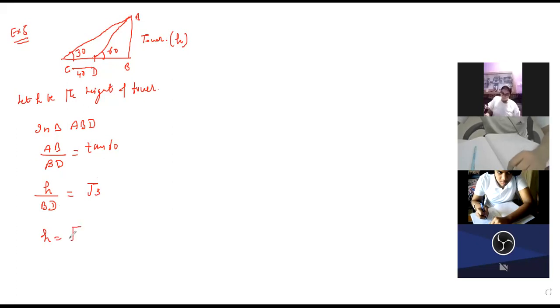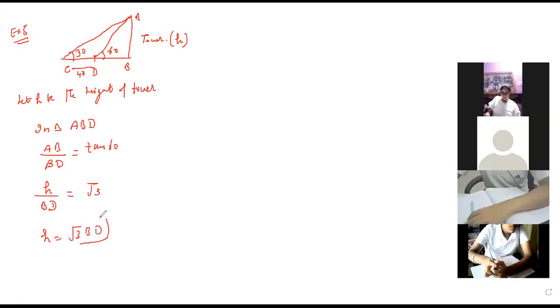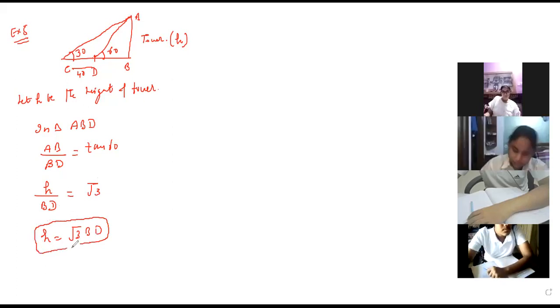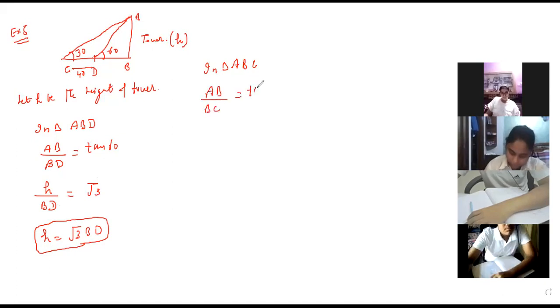So h is equal to under root 3 times BD. So again, in triangle ABC, AB upon BC is equal to tan 30.